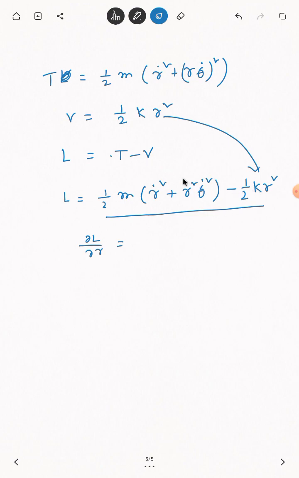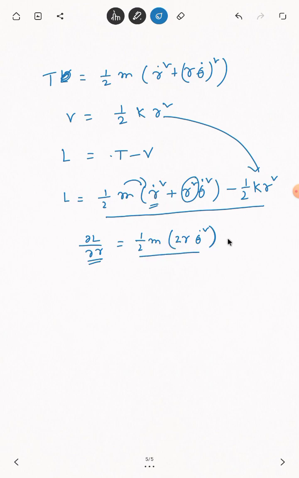So in del L by del r, there is no function of r except this one. So we have half into m into the derivative of r square with respect to r, which will be 2r, into theta dot square, because the r dot portion will be 0 when we take the partial differential with respect to r. This is the answer obviously.